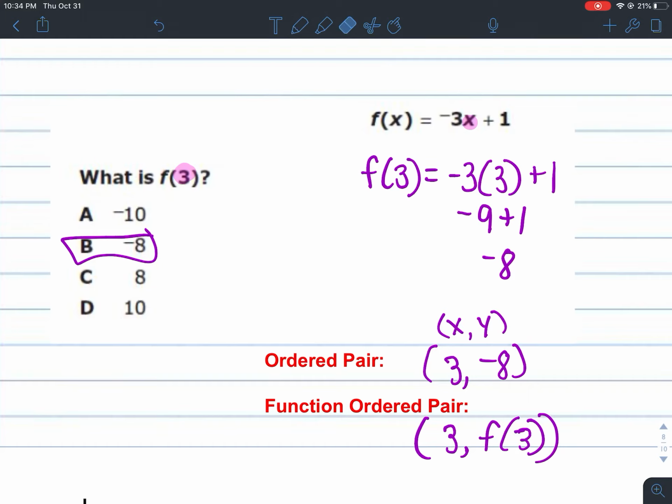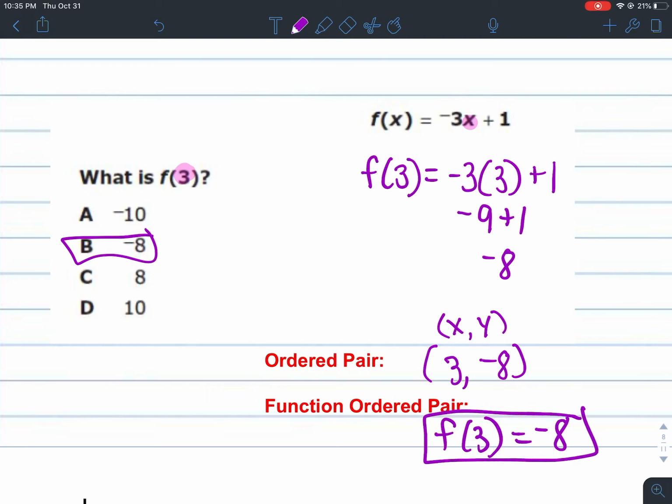And you could even write it really in the way of the function, which is f of, oops, I used g, this is not George. Let me see. f of 3 equals negative 8. That would actually be even better. You'll see that a lot of times. And that just means that your x value is 3, your y value is negative 8.